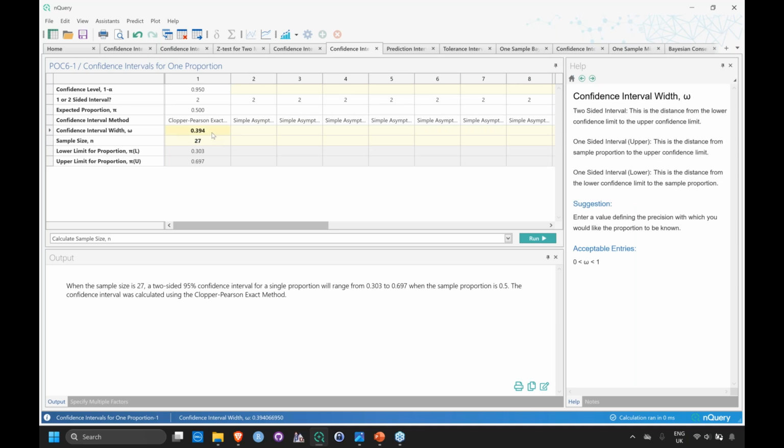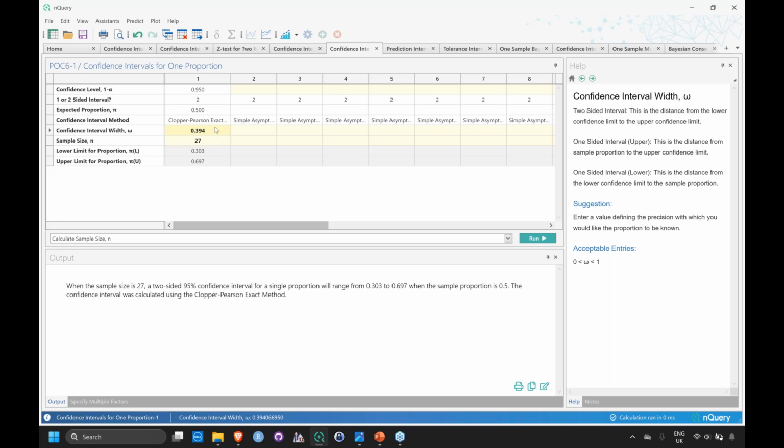So like in this case, n equals 26 would have given a width just higher than the target. So like as expected, this exact method requires a slightly larger sample size.